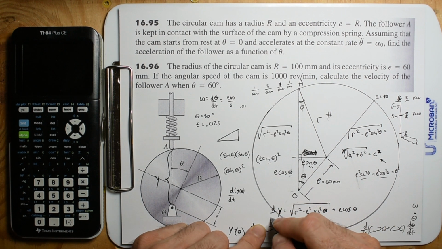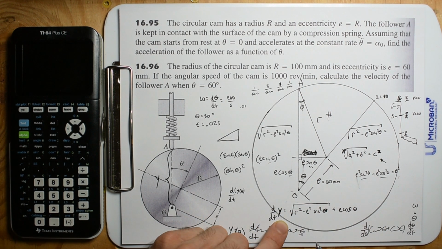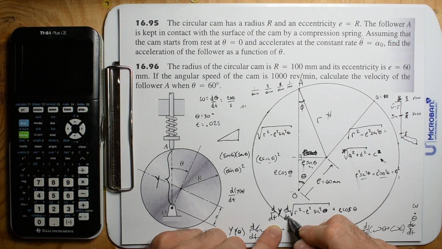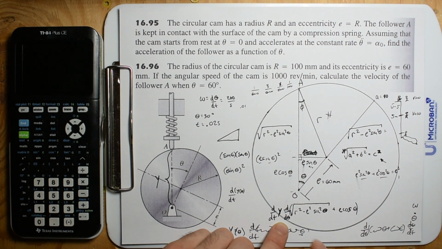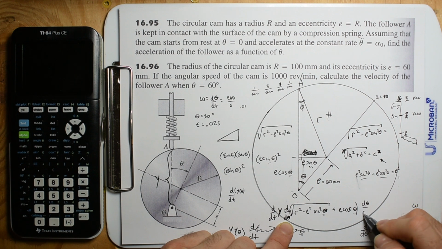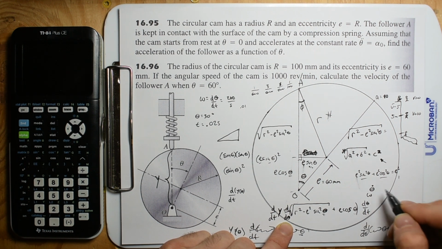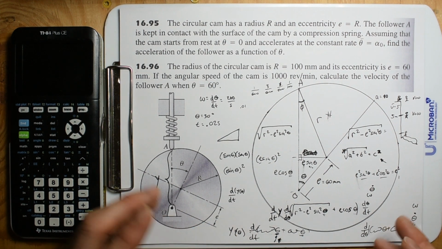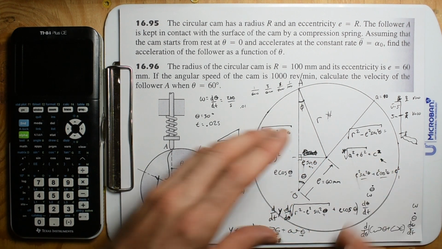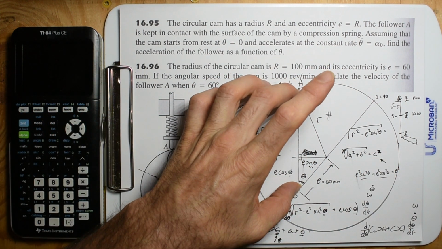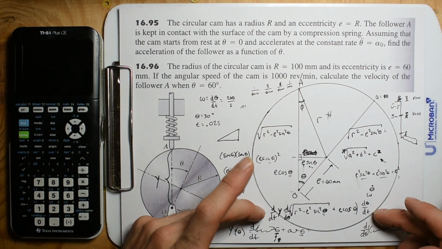So if we do take dy dt, we have to use the chain rule. We have to take this entire thing with respect to theta, and then just make sure to do d theta dt. So this is your omega, this is theta dot. Okay, so that was using the geometry to set up that differential equation, and then you can just go for it.